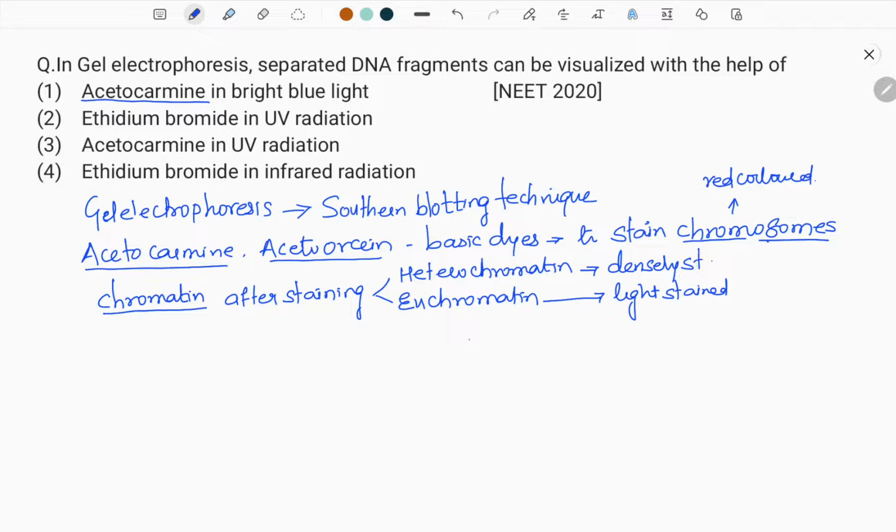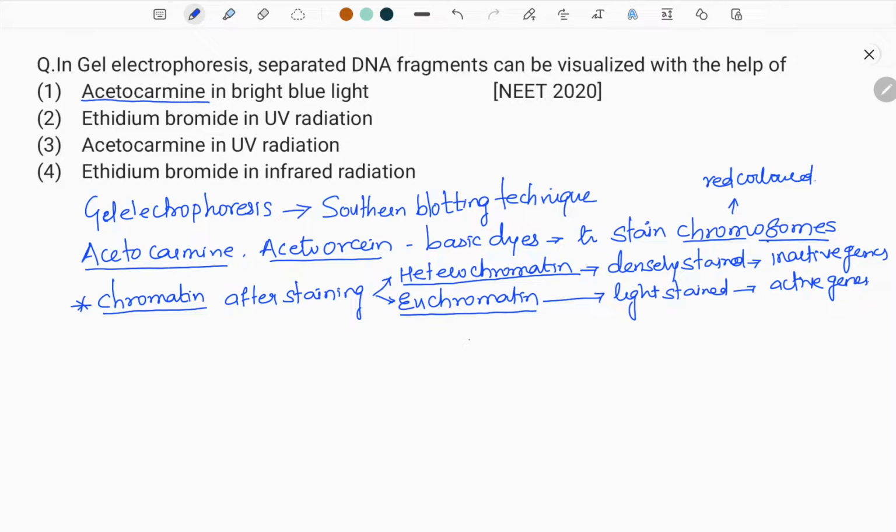Densely stained heterochromatin contains inactive genes, whereas the euchromatin contains active genes. And one more interesting feature is that heterochromatin is tightly coiled, that is inseparable. Euchromatin is loosely coiled, that is separable. Having the two types of chromatin after staining is called heteropycnosis. This feature is shown by the chromatin reticulum.